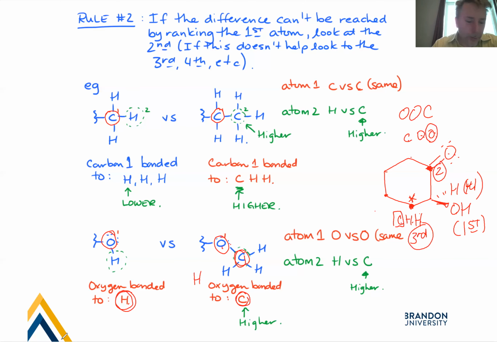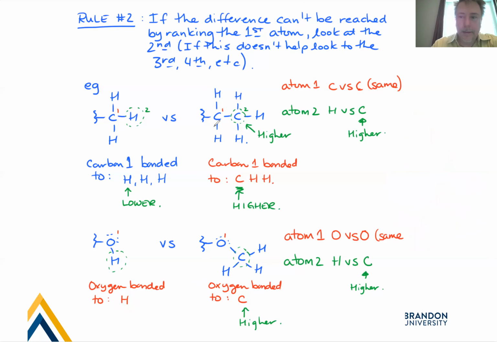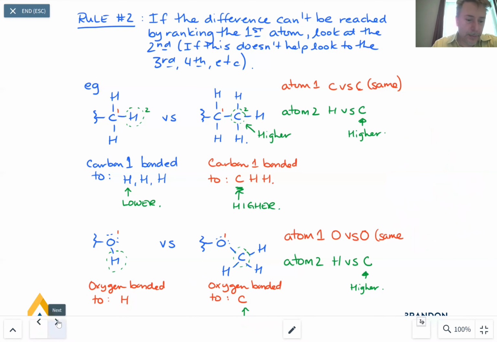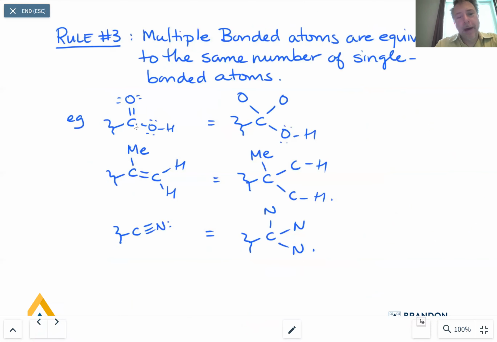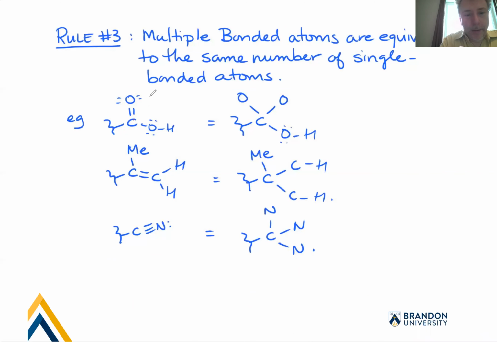So I think the third rule is basically going to describe what we did with my example here. So if you ever have a carbon which is double bonded to something, you assume that there's 2 of those. So this carbon is bonded to oxygen 1, oxygen 2, oxygen 3.